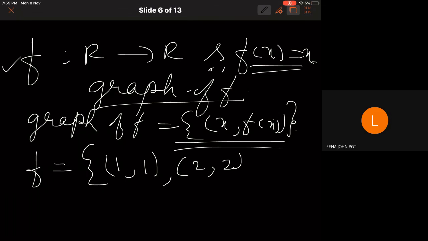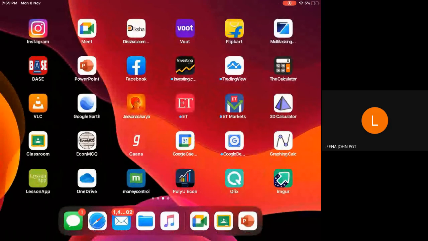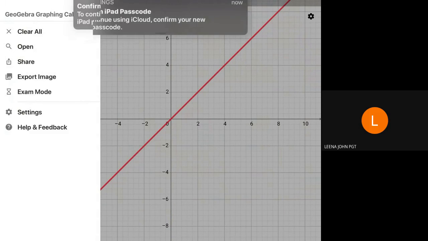And if you plot these points on the graph, how does the graph come out? 1, 1, 2, 2, 3, 3, 4, 4, all these are points. It's not only the integers, any real number you take, its image also will be the same thing. So, you can also have 3, 3. You can also have, if you are taking half. So this is the graph of the function f of x equal to x.